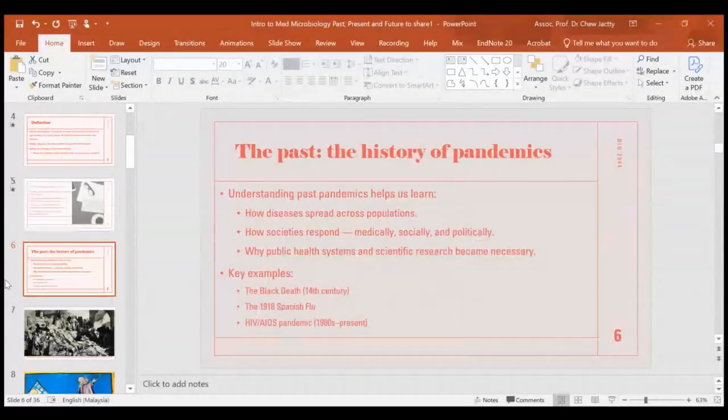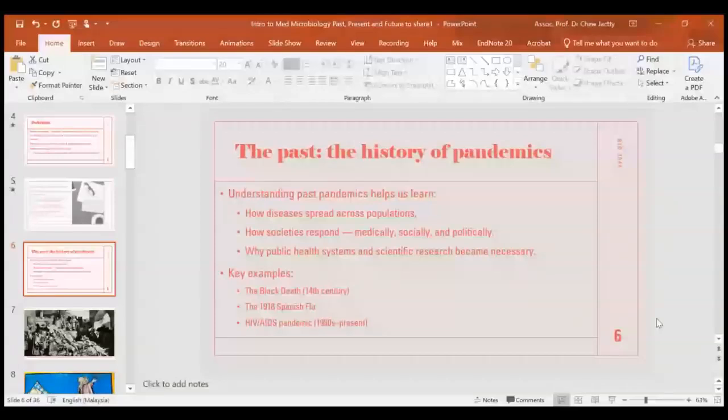Let me just read the message. I heard that there are a few. Oh, the screen is not changing. Can you let me reshare again? I'm already at slide number 4. There's some issue with this. Can you see me now on slide number 6? Yes?